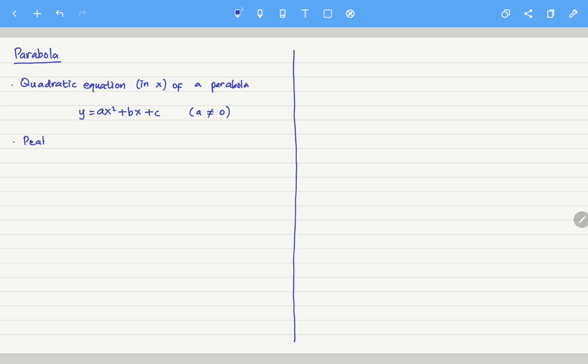And then sometimes it is important to know the peak of a parabola. So if we have the above equation of a parabola, then the peak will happen at x equals minus b over 2a.